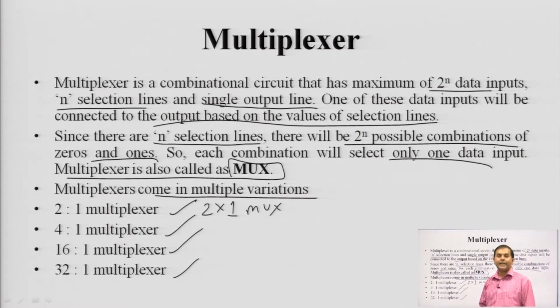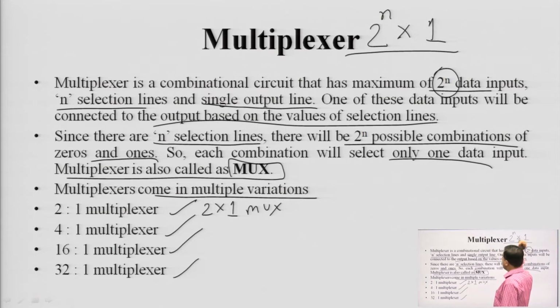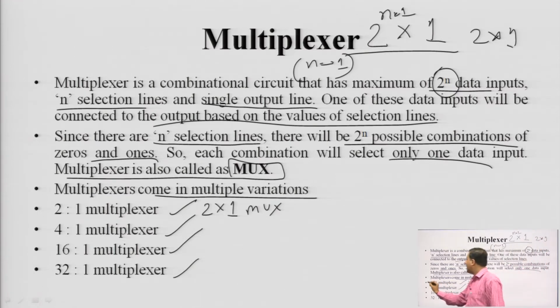We have already said that there are 2 to the power n data inputs, so it will be in the format 2 to the power n cross 1. If n is 0, 2 to the power 0 means 1. Here n is 1, so it will be 2 cross 1, and for this the number of select lines will be 1.